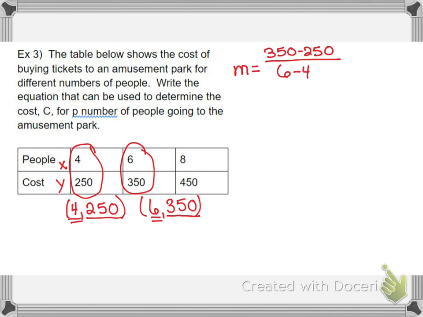And we get 100 divided by 2, which is 50. So our slope is 50.